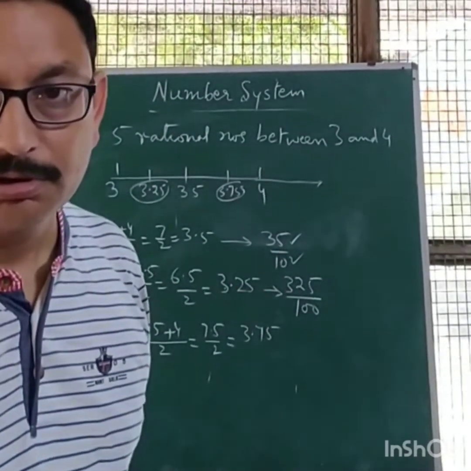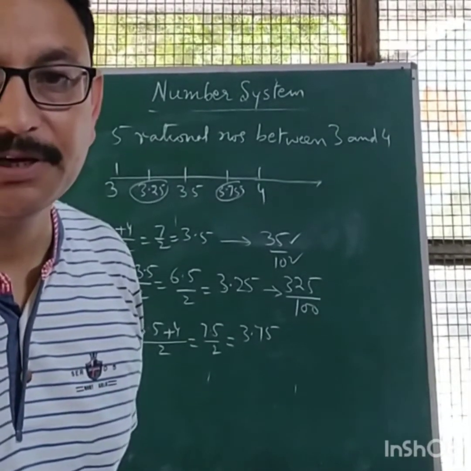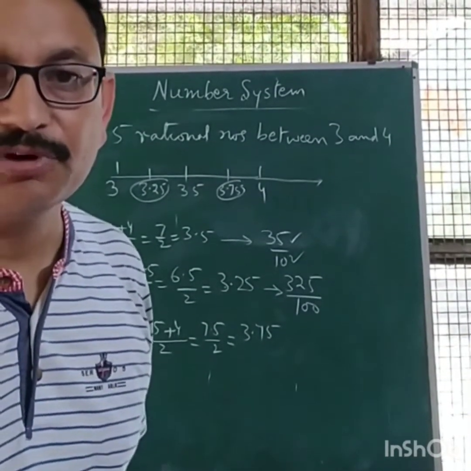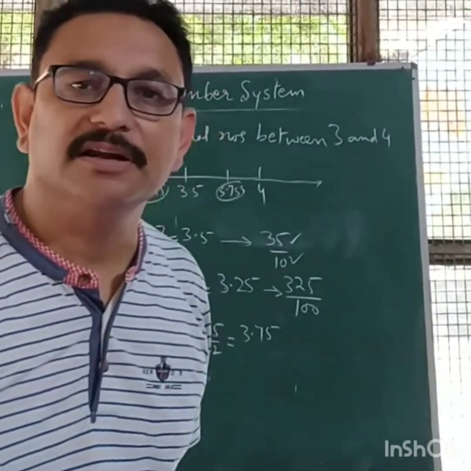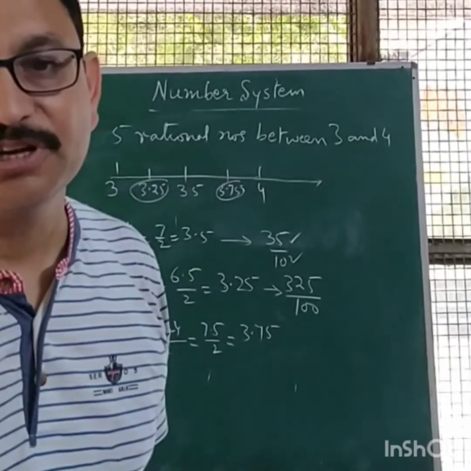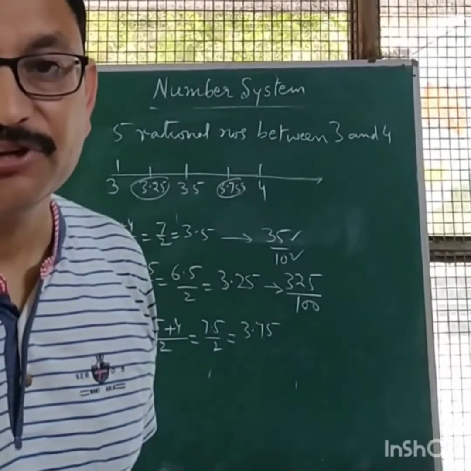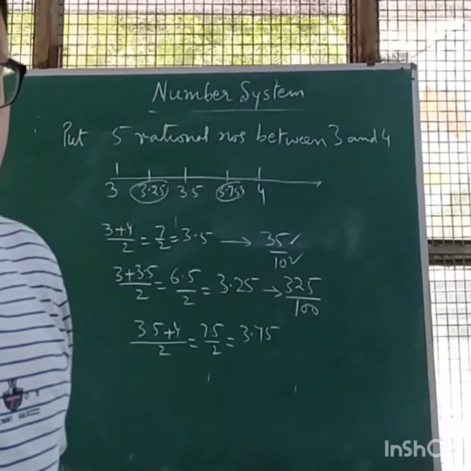So the numbers which we have studied up till now were rational numbers. Either they were natural numbers, integers, or whole numbers, all those were rational numbers. But numbers other than rational numbers are irrational numbers.